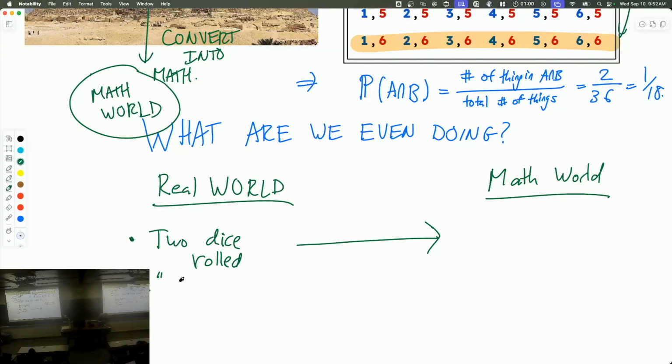I'll use the word chance. It's a real problem about chance. And we convert that into our math world. The process of converting from the real world to the math world is sometimes called modeling.